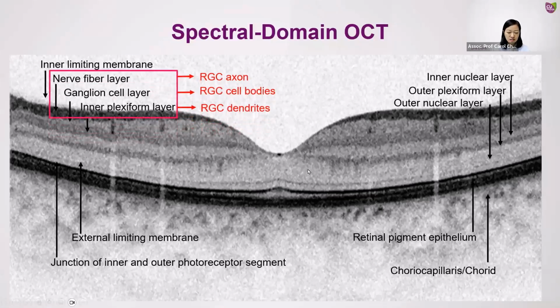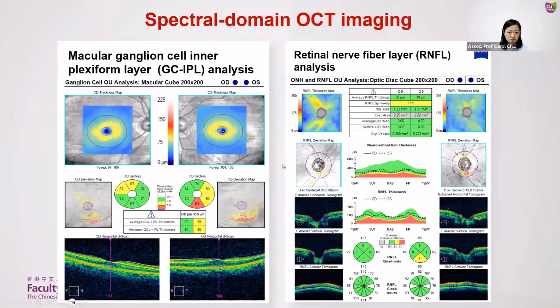This newer generation OCT enables visualization and measurement of the ganglion cell layer and inner plexiform layer additionally in the macular region, which contain both the cell bodies and the cell dendrites in addition to retinal ganglion cell axons. So in spectral domain OCT, measurement of the macular ganglion cell inner plexiform layer is available to assess optic neuropathy at the macular region, in addition to peripapillary retinal nerve fiber layer axonal measurements.